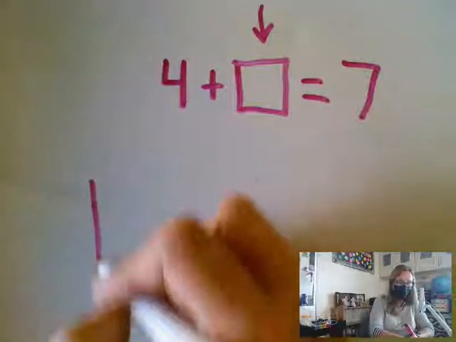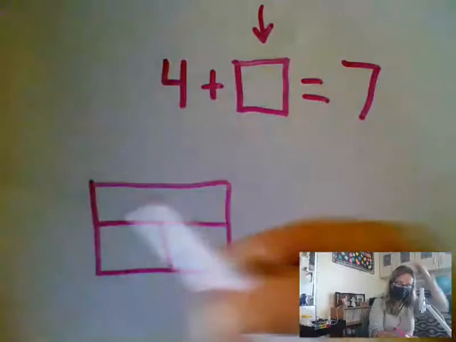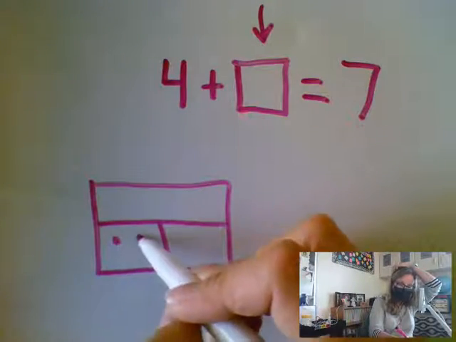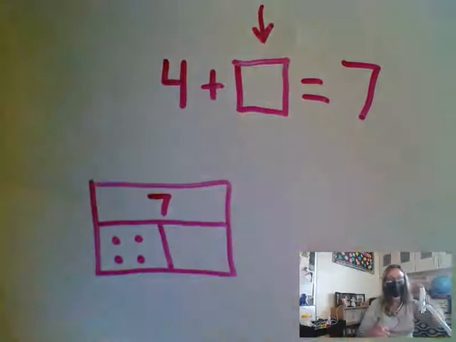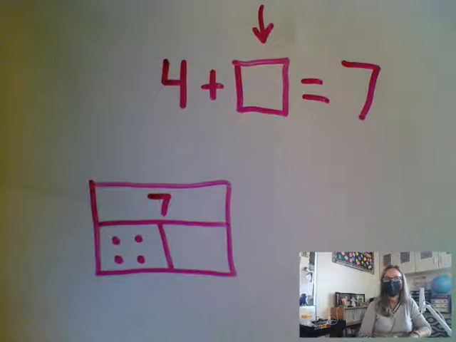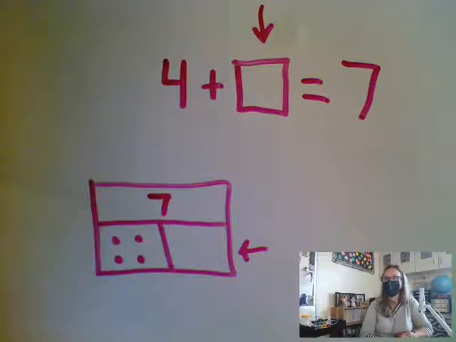So when we draw our part, whole box, instead of having our 2 parts like this, we would have one of the parts missing and our whole up here. And today's lesson is going to teach us how to solve for that missing part or that missing addend. Okay? Is everybody kind of picking up what I'm laying down?